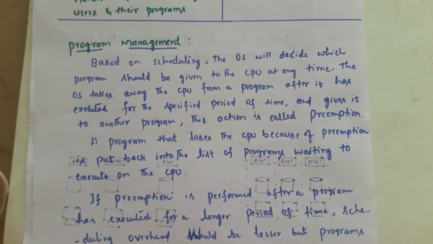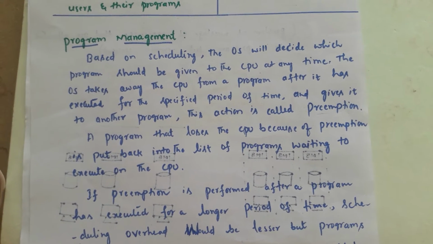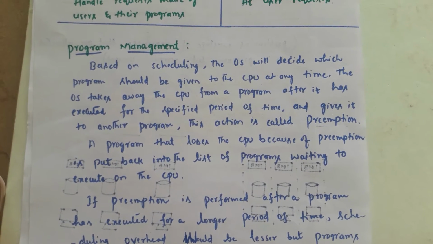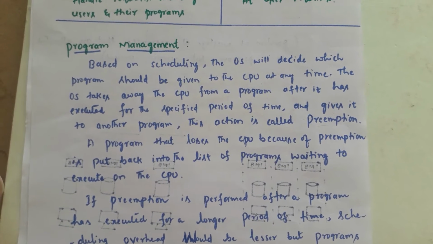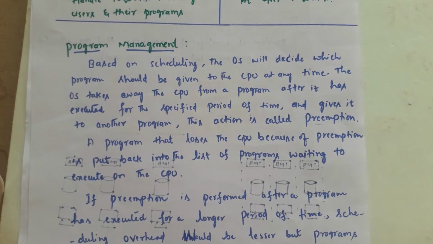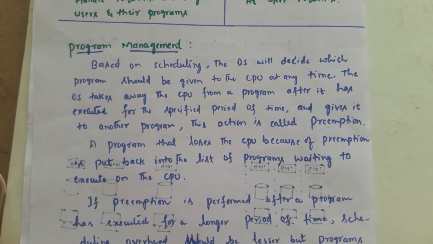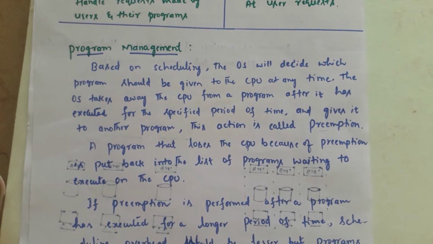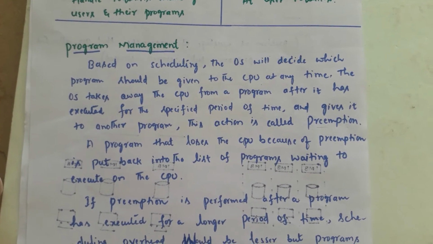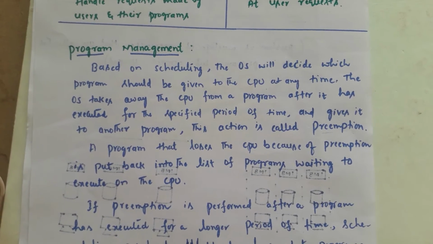That may happen on request, or the OS may forcefully take it back. Once taken back, the program waits in the list to get the CPU again.